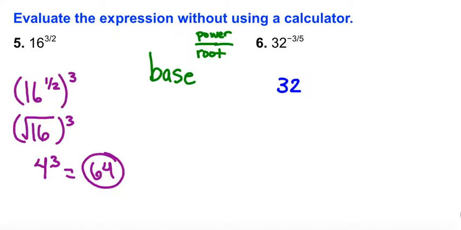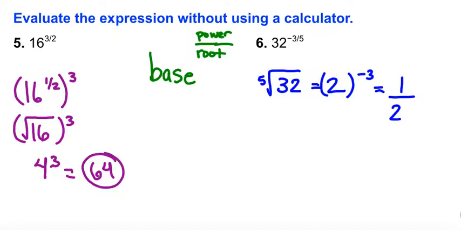The denominator is a 5th, so we want the 5th root of 32. 5th root of 32 is 2, because 2 to the 5th gives me 32. Now it says take that to the negative 3rd power. Well, I know that's the same as saying 1 over 2 to the 3rd, because the negative exponent means you can find the inverse. So that's 1 over 2 to the 3rd, which is 1 over 8.